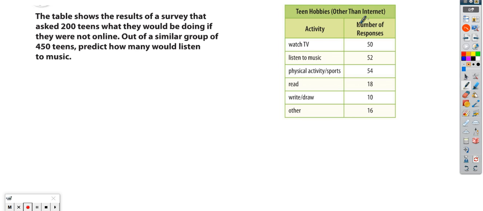So if you look at the survey, you can see that 52 teens were listening to music, out of a total of 200 surveys, okay? So this becomes our rate, 52 out of 200.